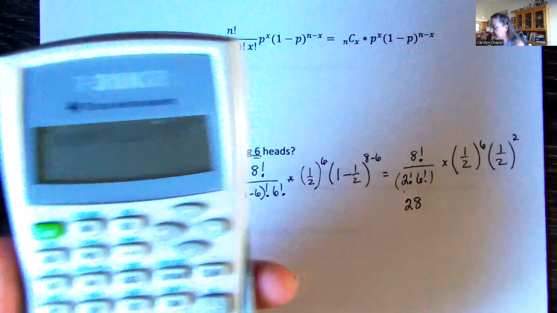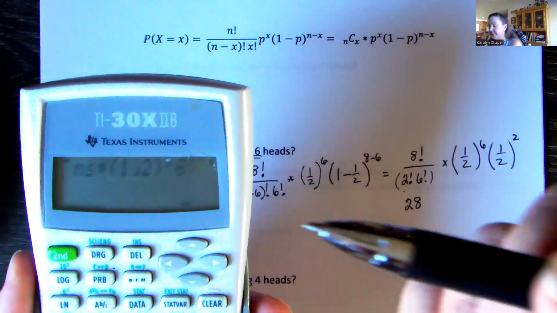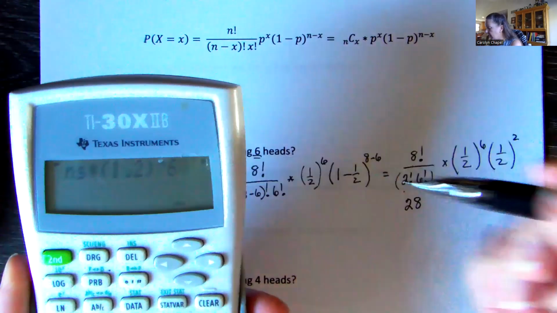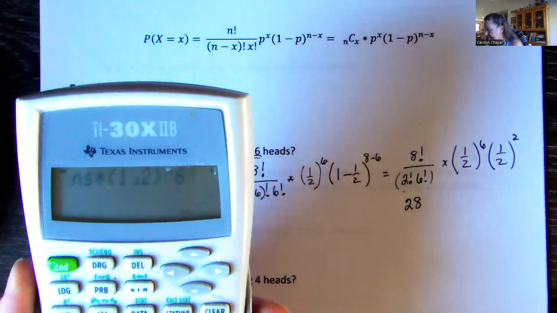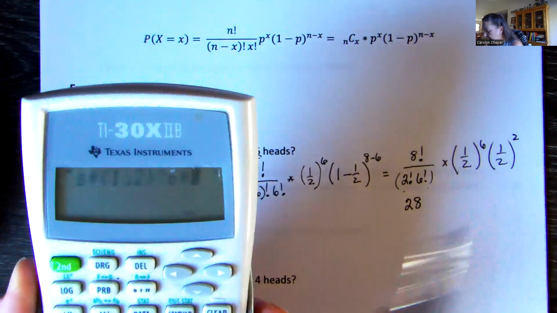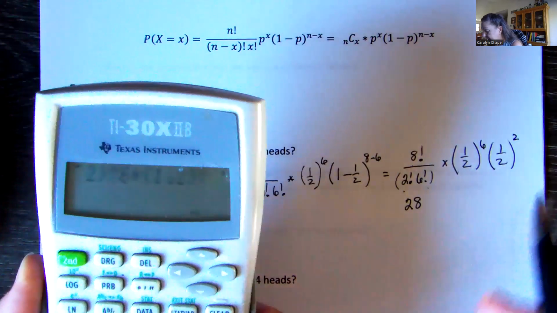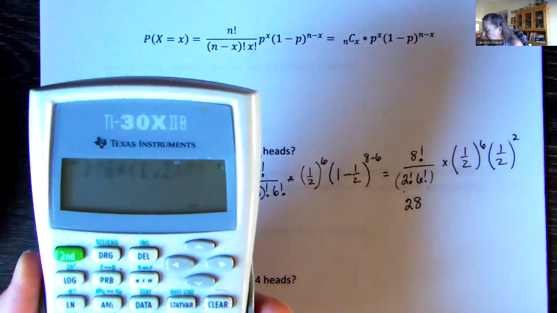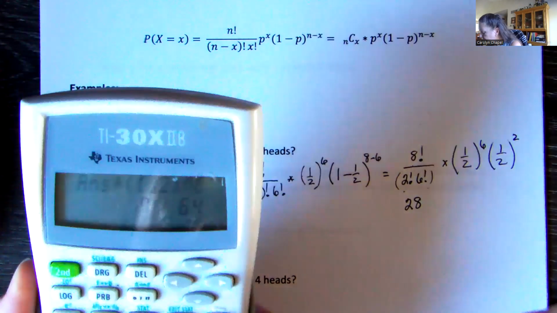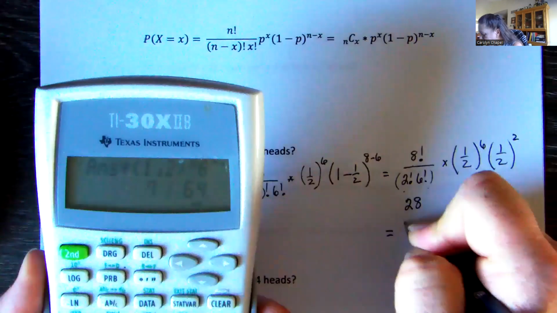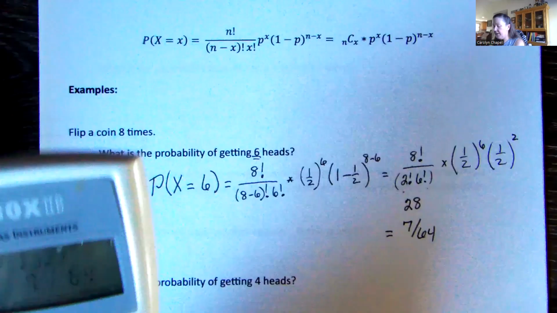Some of you have calculators that actually put things up in an exponent. If that's the case, when you come back down, make sure you do come back down to take that 1/2 and raise it to the 2nd power. And I'm going to hit equal. This gives me a fraction, which is fine.